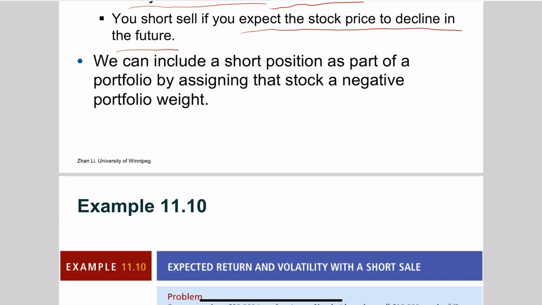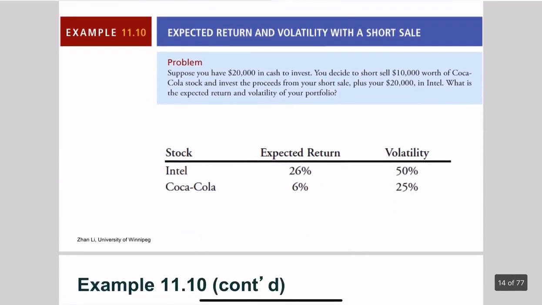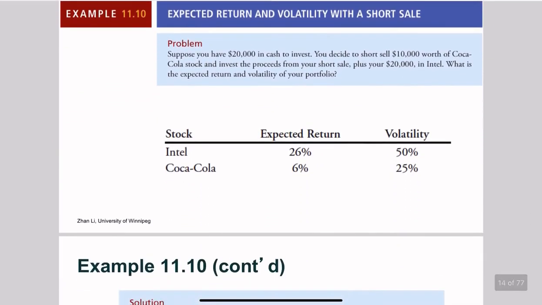So clearly, if you're taking a short position, then portfolio weight is negative, right? Okay, cool. Let's solve this example. Suppose you have $20,000 to invest. You decide to short sell $10,000 of Coca-Cola and invest the proceeds from your short sale plus your $20,000 in Intel. What is the expected return and the volatility of your portfolio?